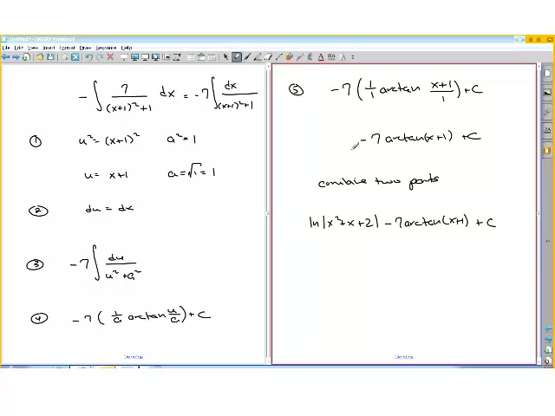We combine the two arbitrary constants and make one arbitrary constant. And now we look at the answer. This is problem 34, and the answer is the natural log of the absolute value of x squared + 2x + 2, minus 7 times the arc tangent of (x + 1), plus c. So that is the answer right there.